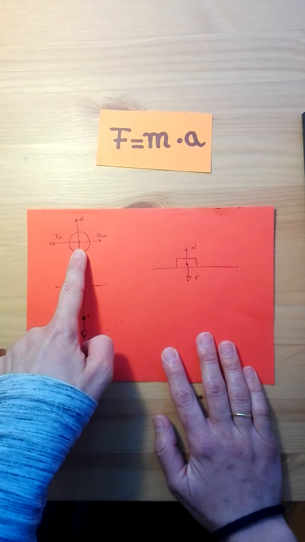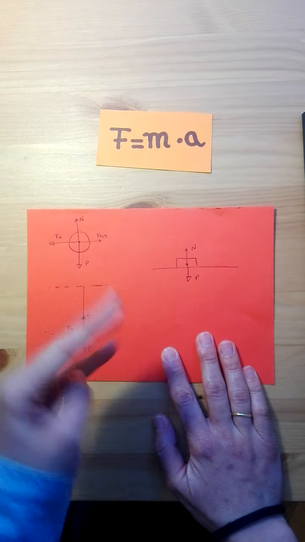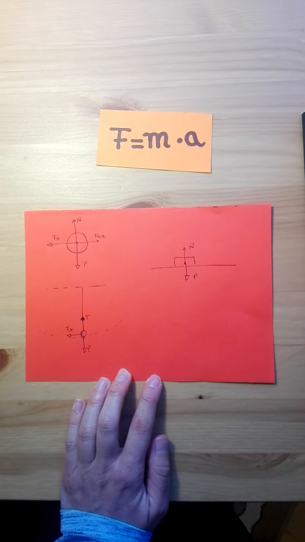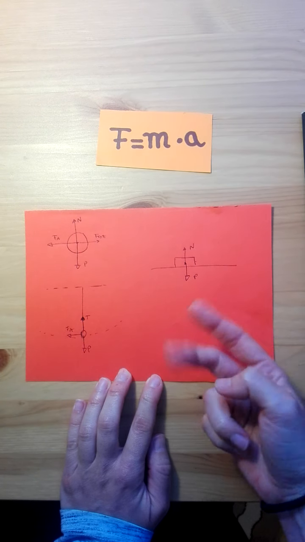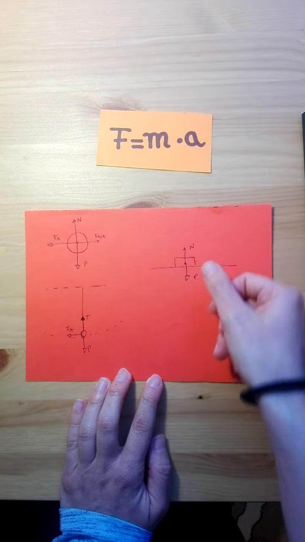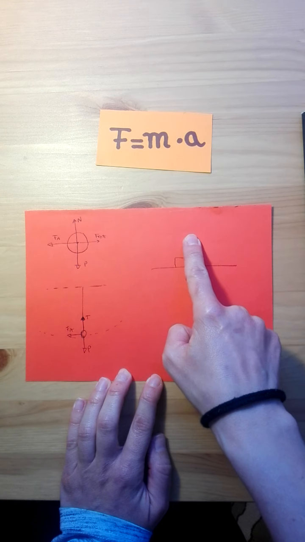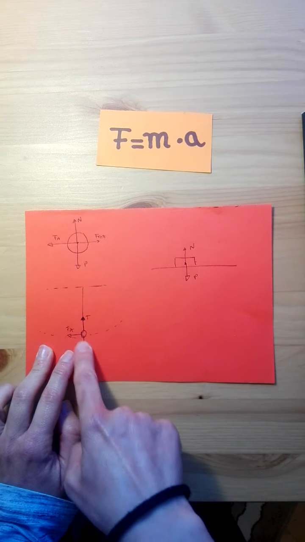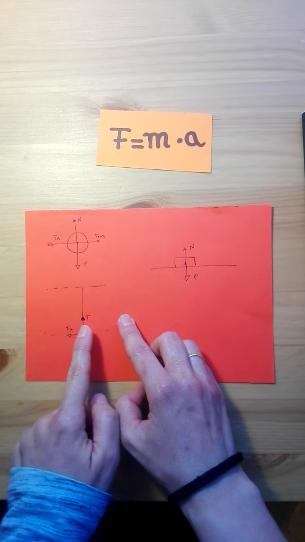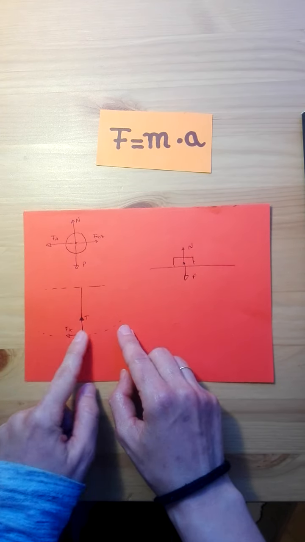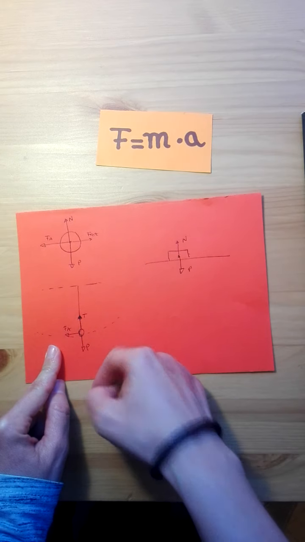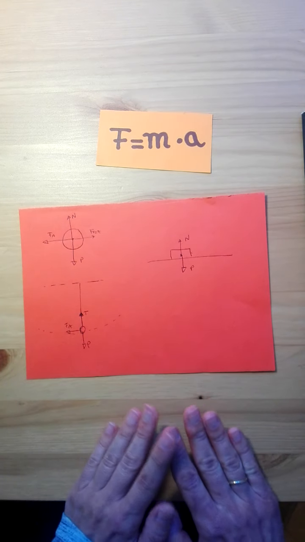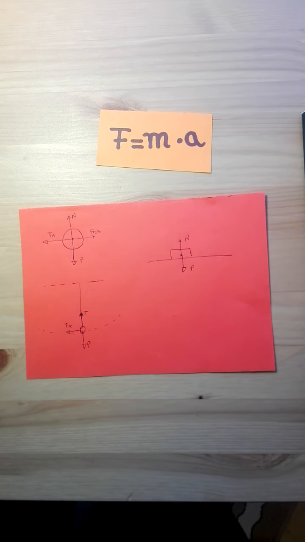So on this ball, we have four forces acting, or even in a book on a table we have at least two forces acting, the weight and the normal force. Or here I have painted a pendulum where we have the force we apply to move the pendulum, the tension, and the weight. So we usually have more than one force.